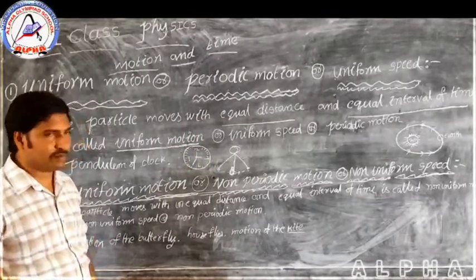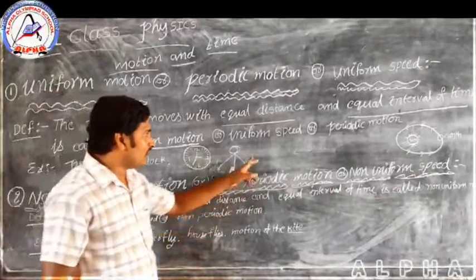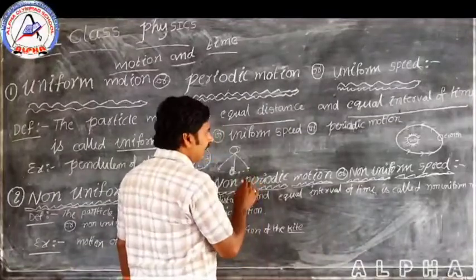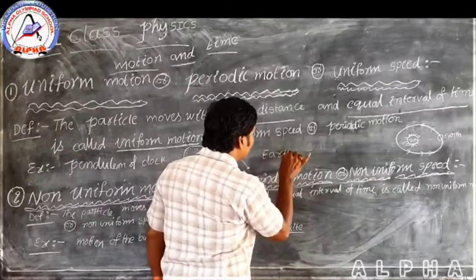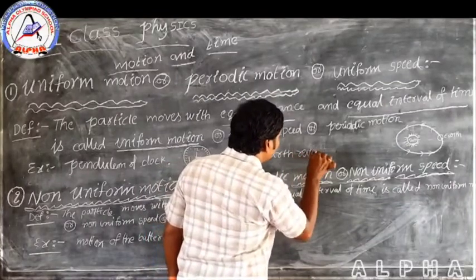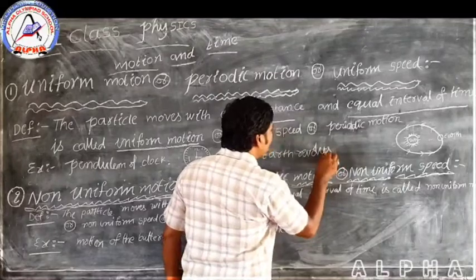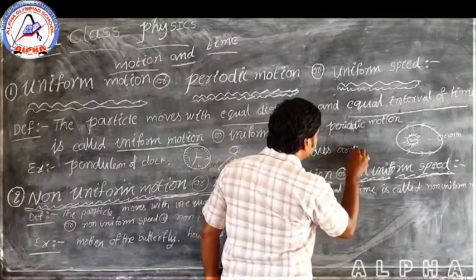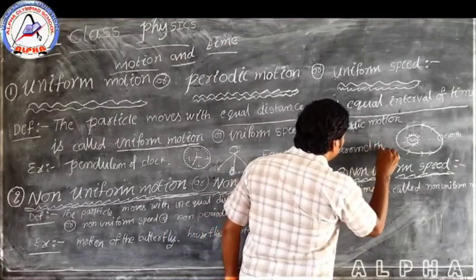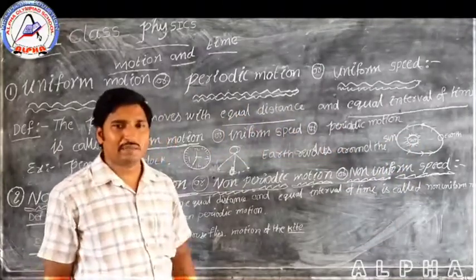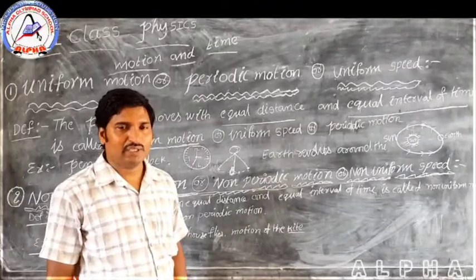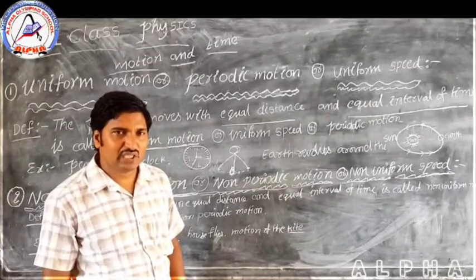Suppose I observe the motion of the earth. The earth revolves around the sun, which is a periodic motion, a uniform motion, which is also uniform speed.